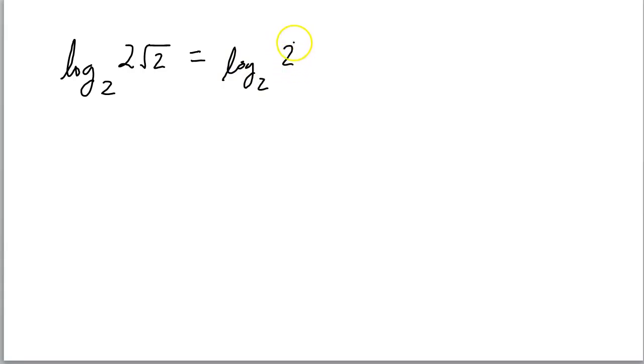Alright, again, still another one. Here is an example, log base 2 of square root of 2. What is that? Well, that's log base 2 of 2 to the first power times 2 to the 1/2 power.